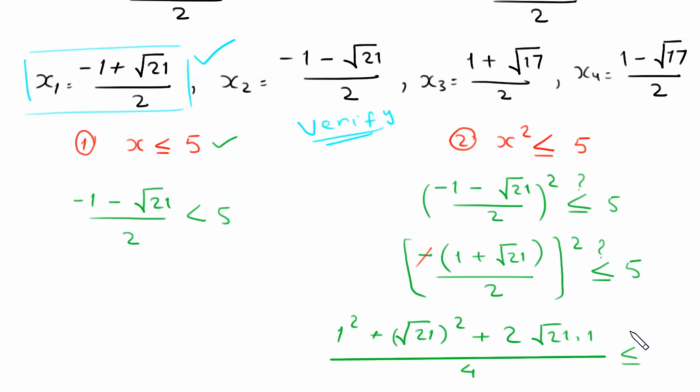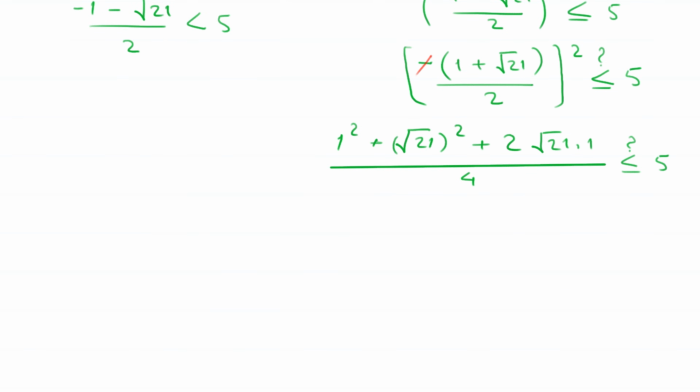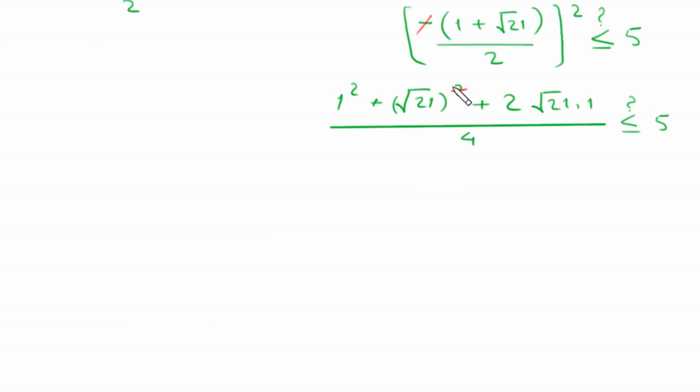Is it less than or equal to 5? Now this square will be cancelled out with this square root, and 21 plus 1 is 22, 22 plus 2 times root 21 divided by 4.